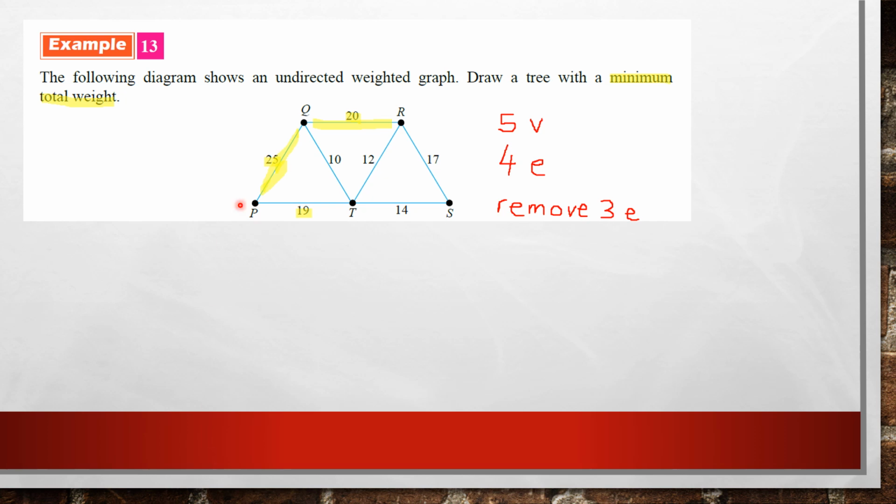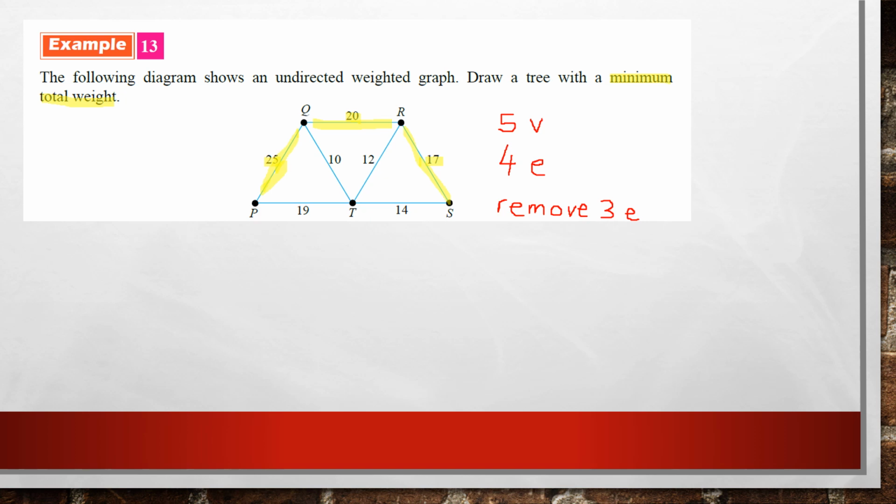Vertex P would have no edge connecting it, since you already removed edge PQ and you remove edge PT. So in this case, you cannot remove 19. So we go to the next weighted line, that is 17. 17 you can remove, because RS you can remove here.